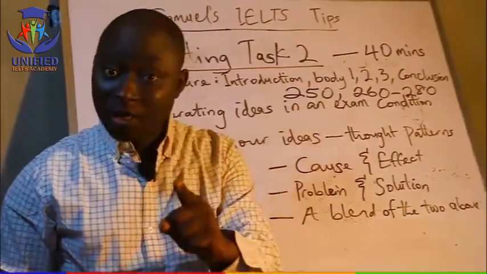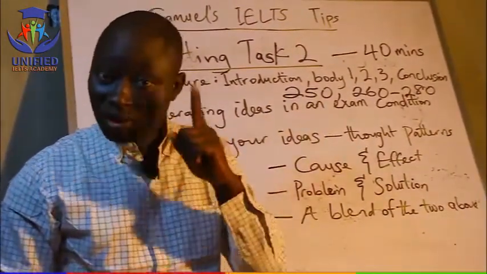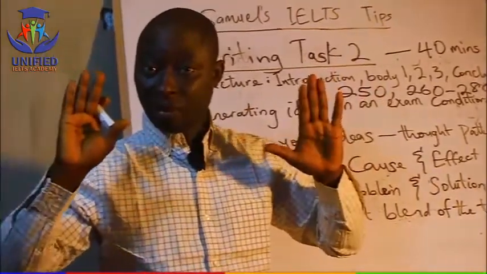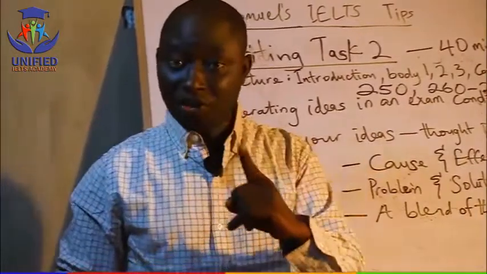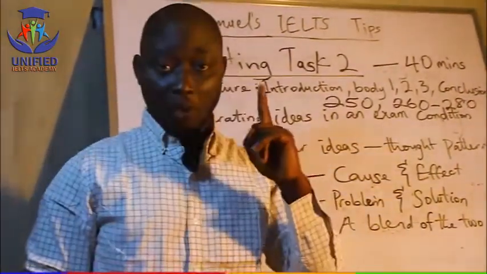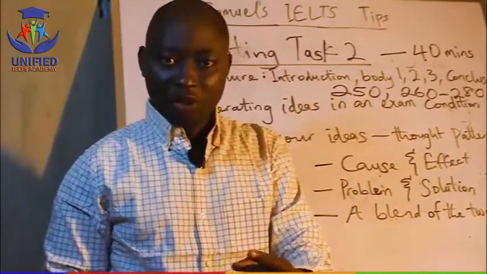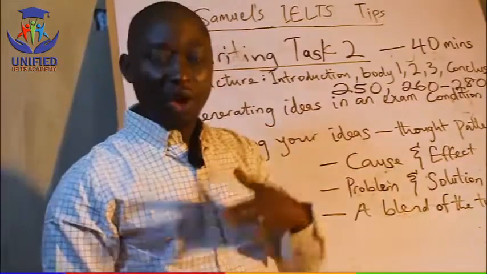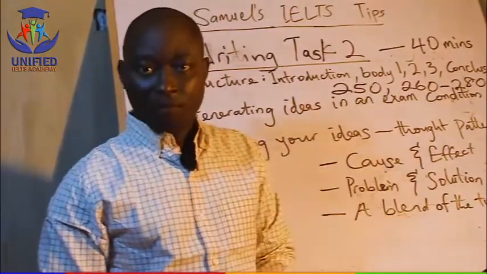If you are not asked to take a position, please note, don't take a position. Develop the 2 views and leave. But if you are asked to take a position in an opinion essay, if your opinion is asked for, then you have to give your opinion. Tell us right from the introductory paragraph, this is my position on this subject matter.